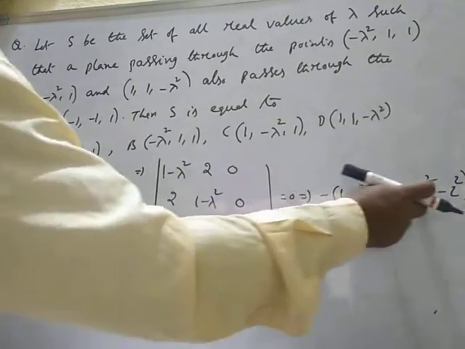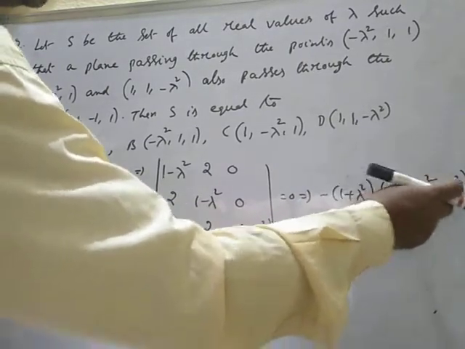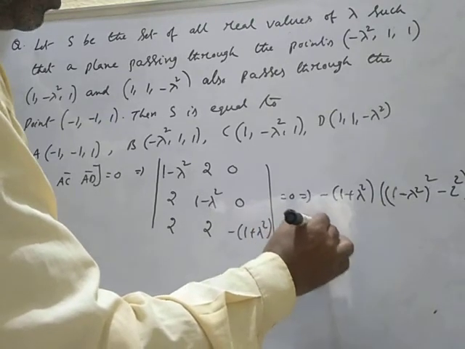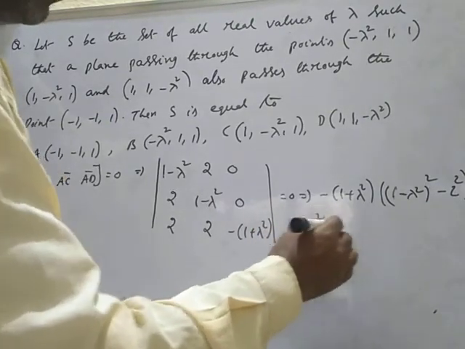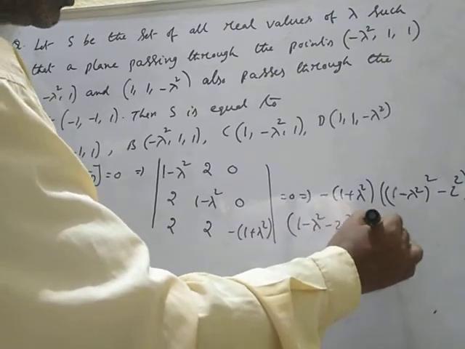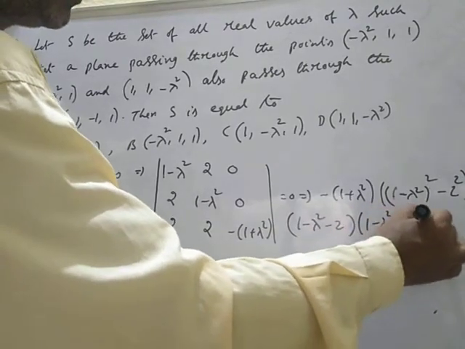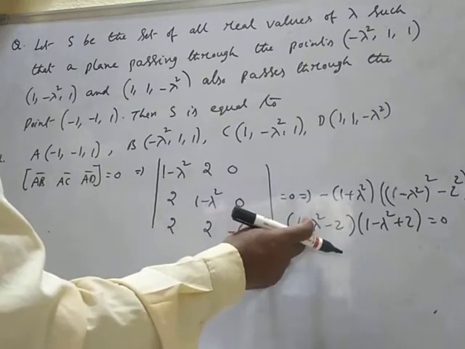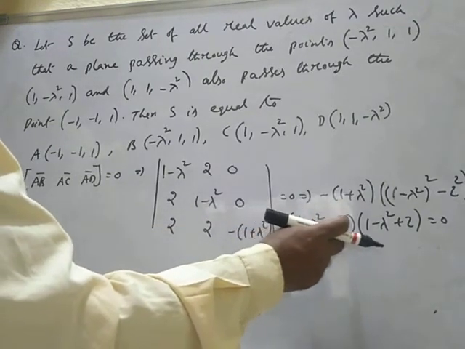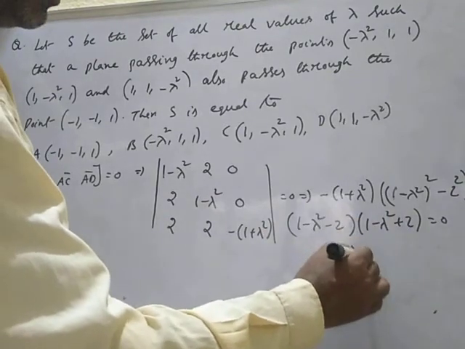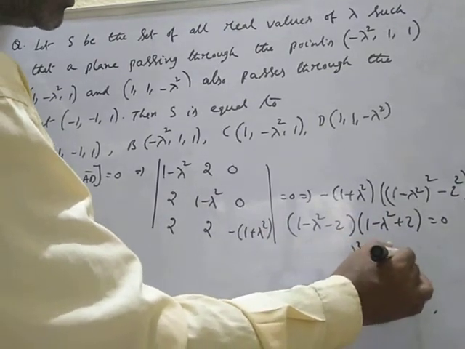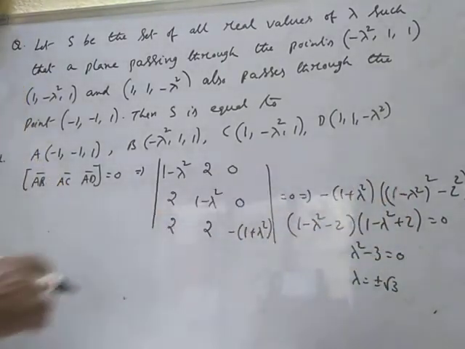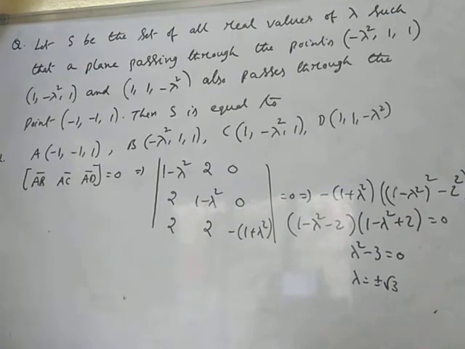Since 1 + lambda square is not equal to 0, the bracket is in the form of a square minus b square: (1 - lambda square - 2)(1 - lambda square + 2) equal to 0. So we get -lambda square - 1 = 0, or lambda square - 3 = 0. Lambda is equal to plus or minus root 3.